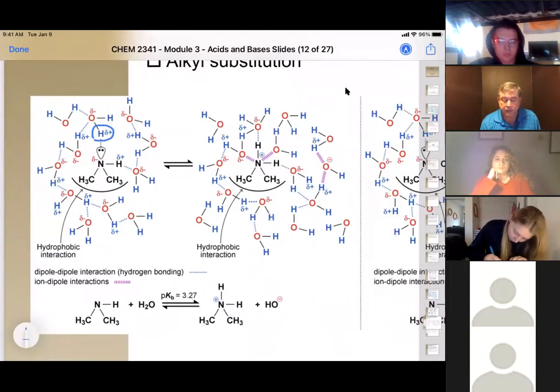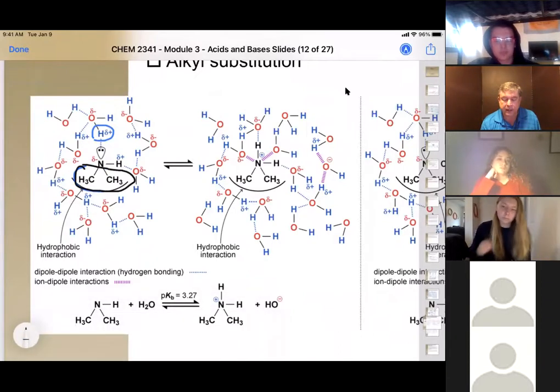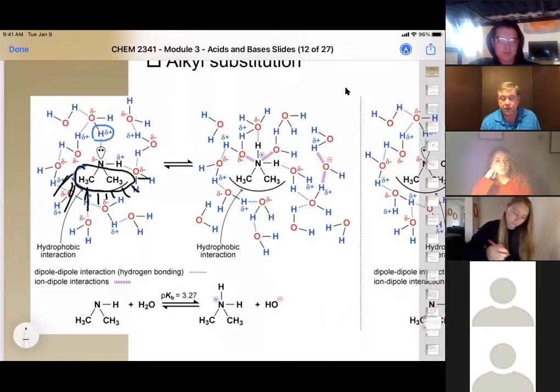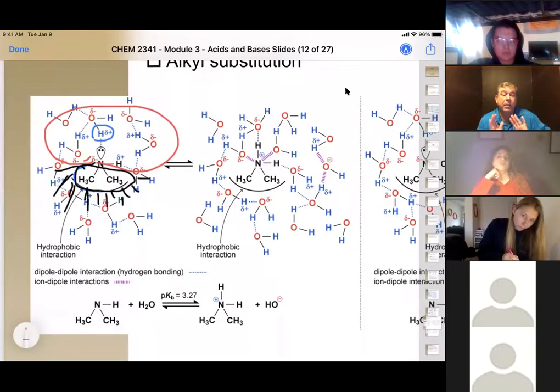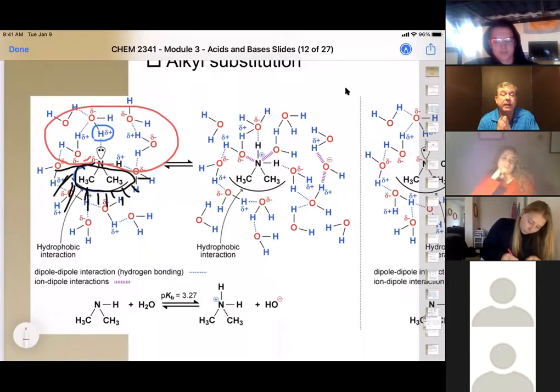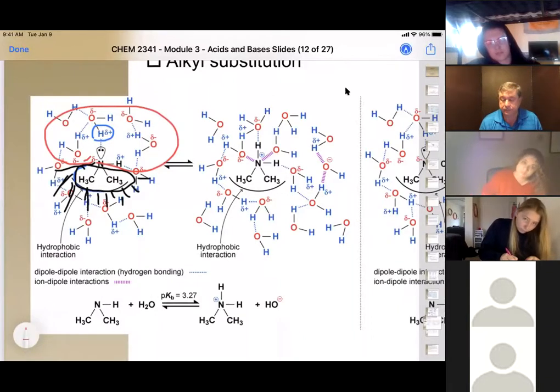These two methyl groups are taking up some space, so we're not getting any interaction with the nitrogen lone pair on this side. We only see interactions with the nitrogen on this side of the system. So that's going to make it more basic than if we didn't have that interaction.